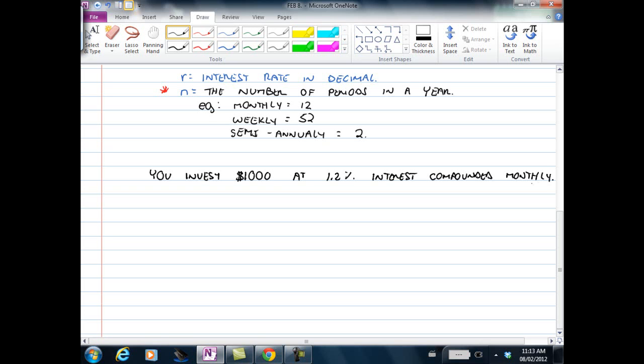You invest $1,000 at 1.2% compounded monthly. Now, it's been sitting there for about 2 years already. After 2 years, how much money would you have?